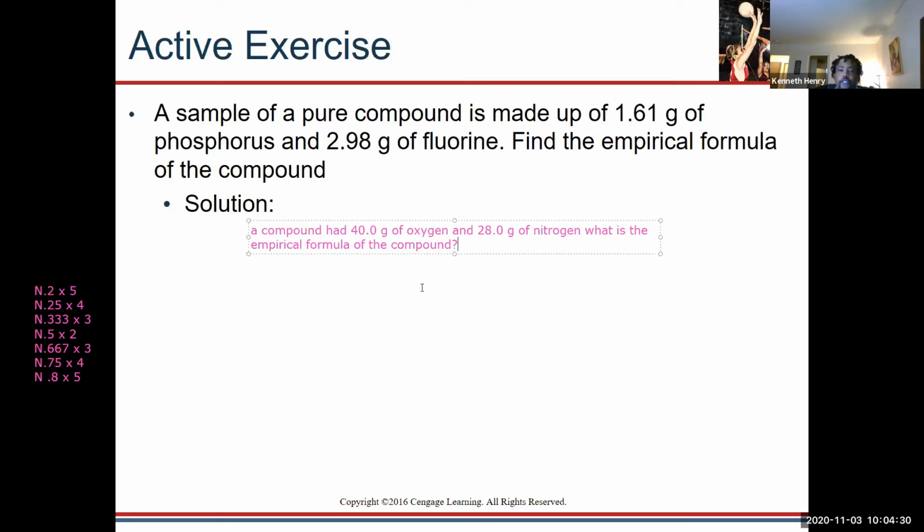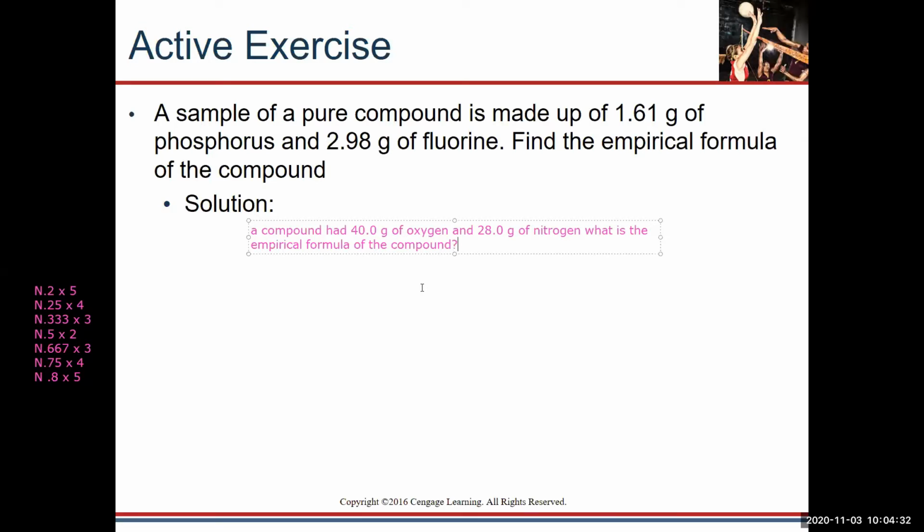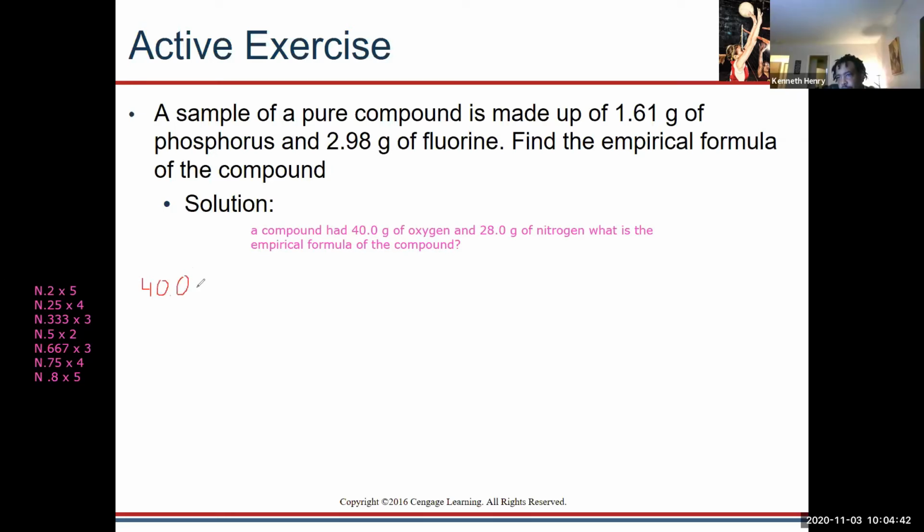So what am I going to do first? Start with the given. Okay, so we have 40 grams of oxygen. What am I going to do with that?